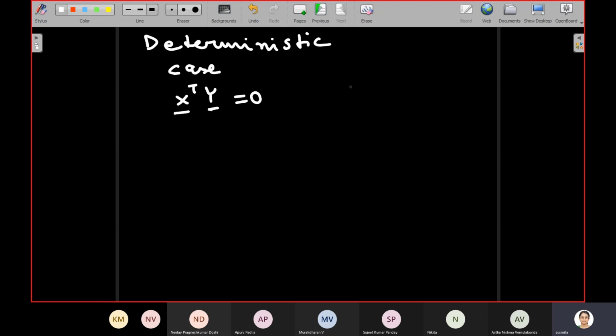Now, what is the equivalent relation for stochastic or random processes? The random case. When x and y are random, then we write this one.